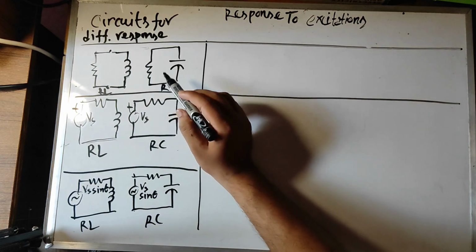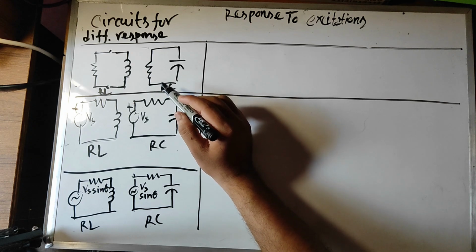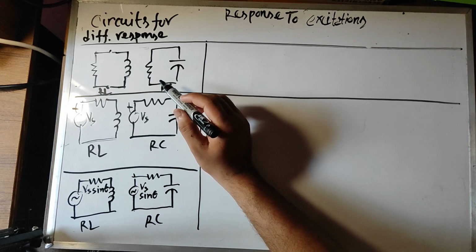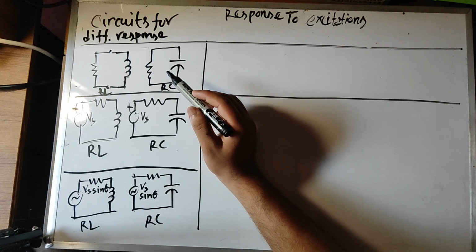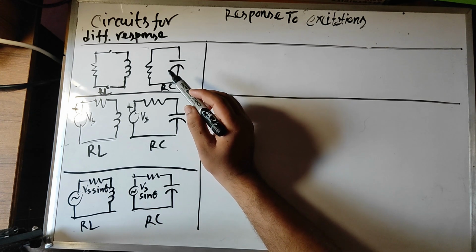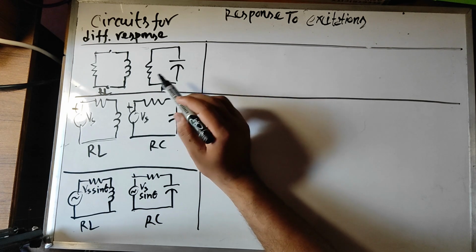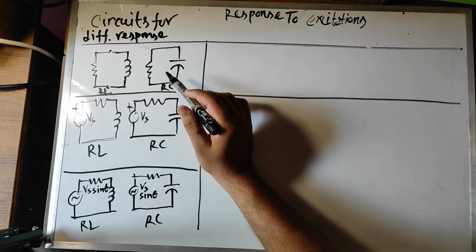So first let us examine the source free RL and RC circuit. We say source free or zero input response for RL and RC circuit when there's no source involved in the circuit. There is an absence of a particular constant source.